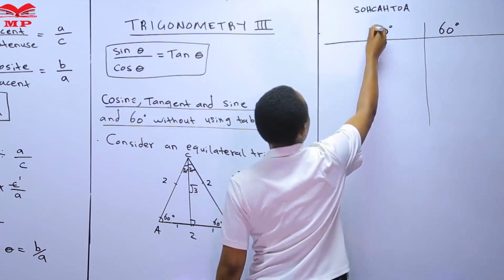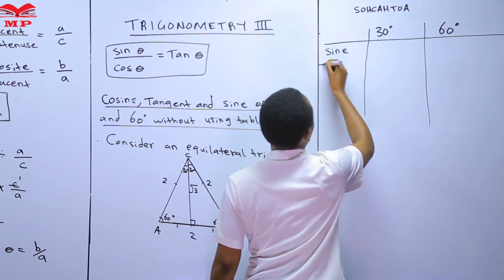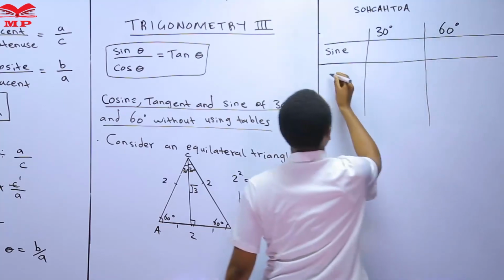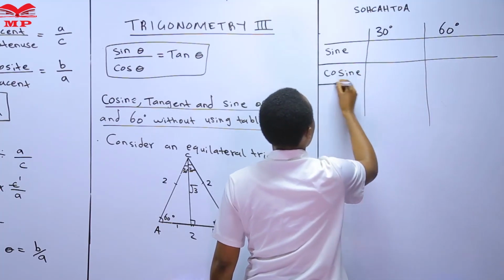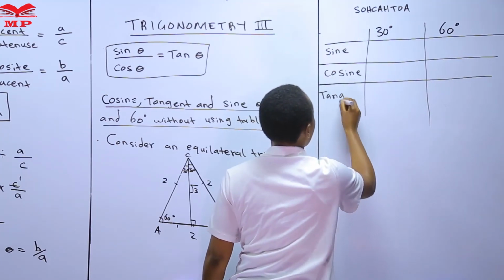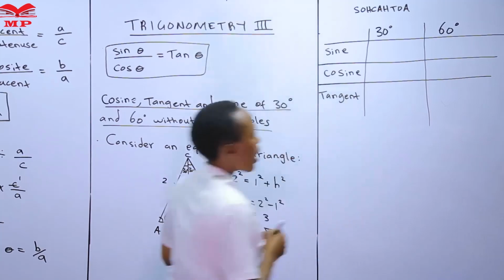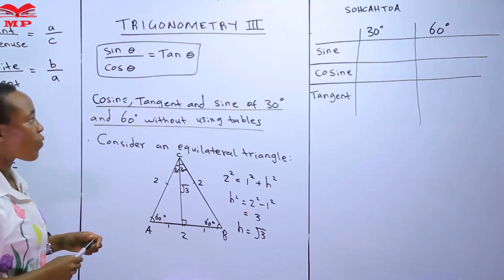So in this case, we want to get the sine of 30 and 60, then we get the cosine of both 30 and 60 degrees, then we also get the tangent of both 30 and 60 degrees. So let's start with the sine of 30.